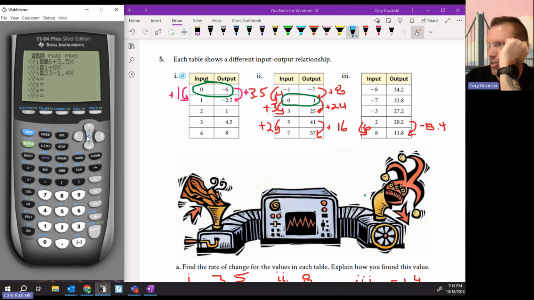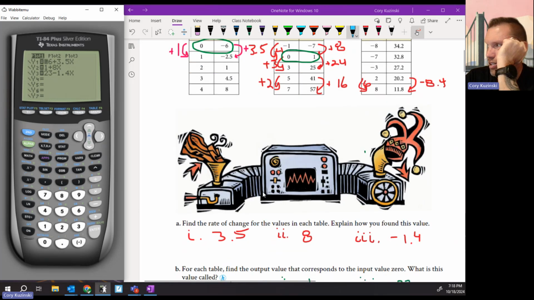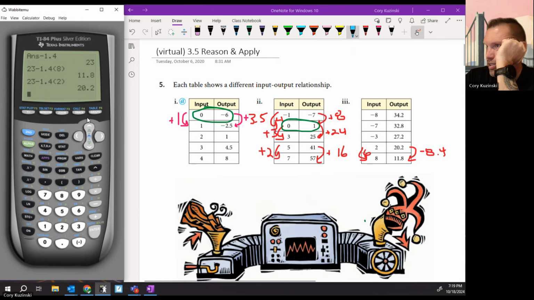You guys are probably yelling at your computers right now about what I did wrong. 23 minus 1.4 times 8. 23 minus 1.4 times 2. Giving me the right values. So why is this not working?